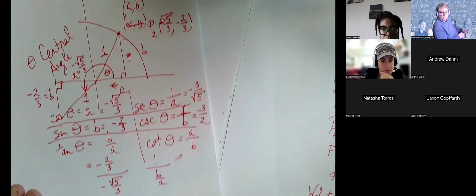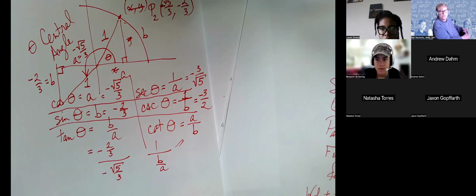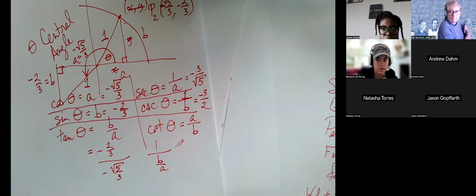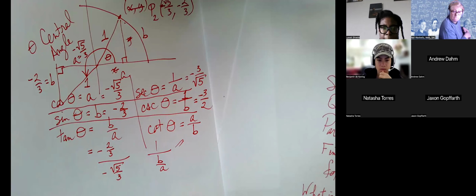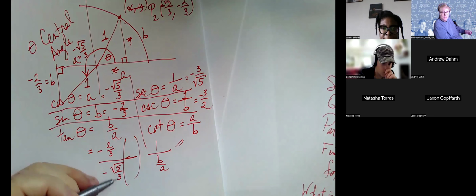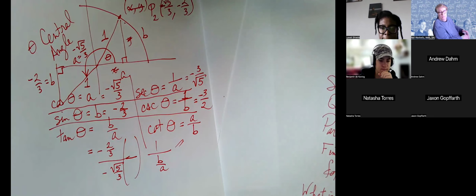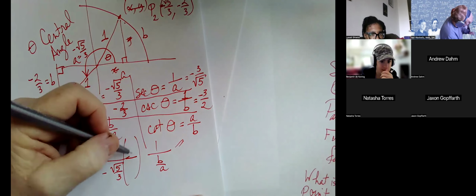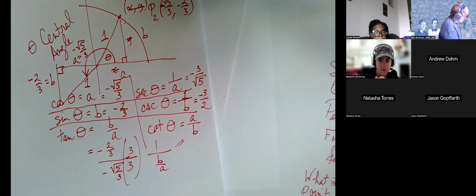Okay, beautiful. And what is one way to simplify or make this complex fraction into a regular fraction? Least common denominator. Okay, good. And we're going to multiply numerator and denominator by the least common denominator. Well, they're both 3's. So what is the least common denominator between 3 and 3? 3. Good. And are we going to multiply or are we going to divide?